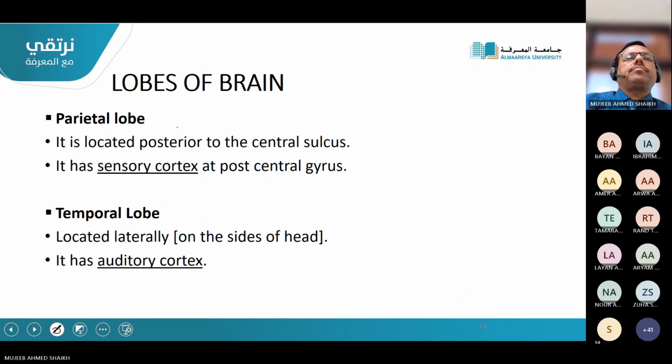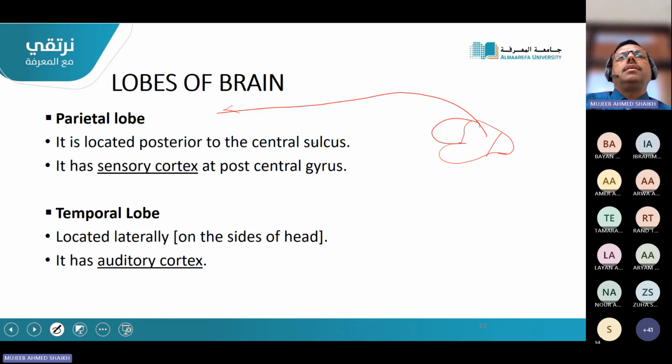Parietal lobe is the area behind the frontal and in front of the occipital. This area is the parietal lobe, which is behind the central sulcus. You will find the post-central gyrus.